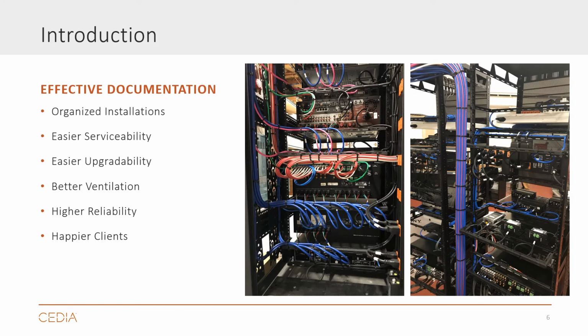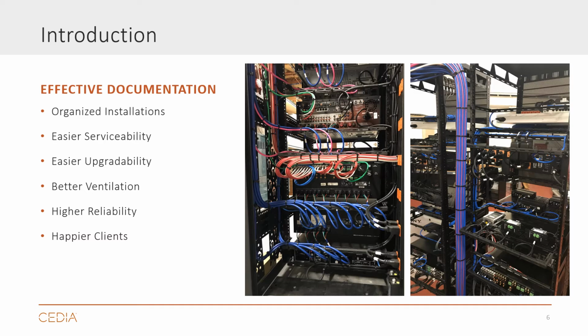Now this doesn't just happen. These systems are real examples of using effective documentation. Why do we show the backs of the racks? Because the fronts usually always look great, and you can't tell much about a system without looking under the hood, right?